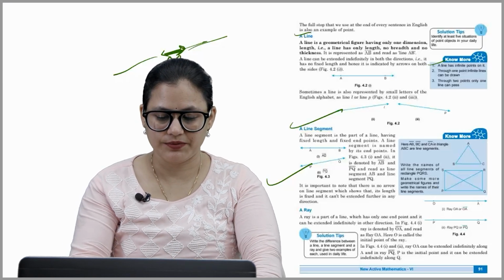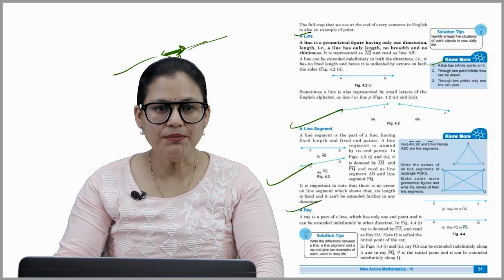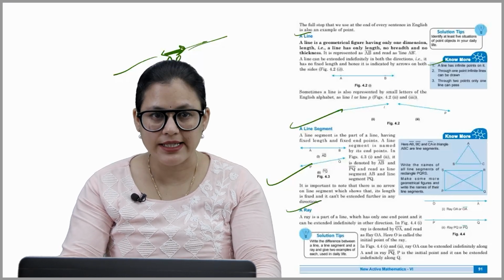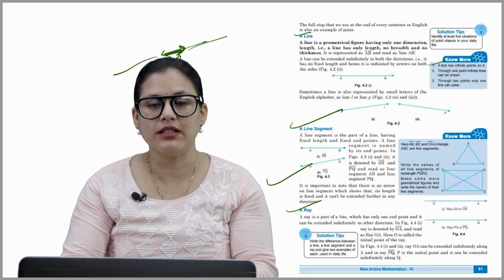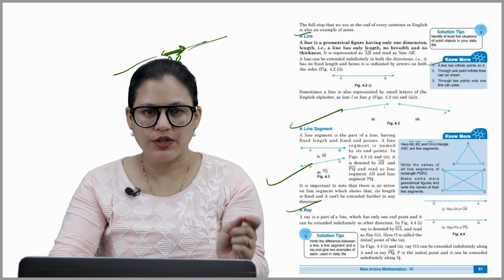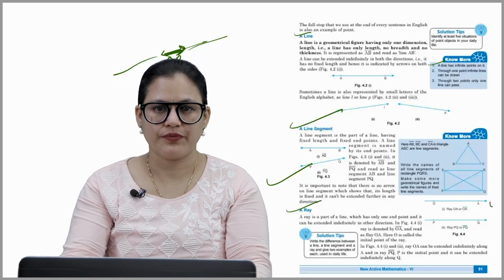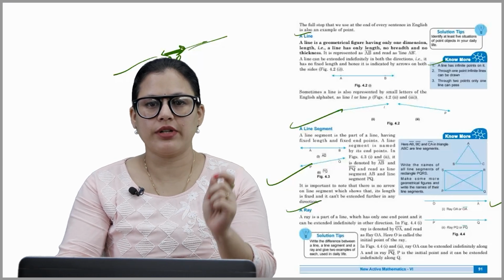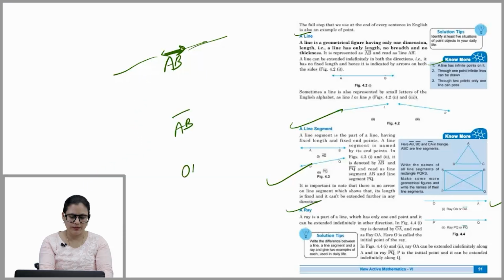Next, a ray. A ray is a part of a line which has only one end point and it can be extended indefinitely in the other direction. In figure 4.4 part 1, the ray is denoted as OA and read as ray OA. This is the symbol for ray.